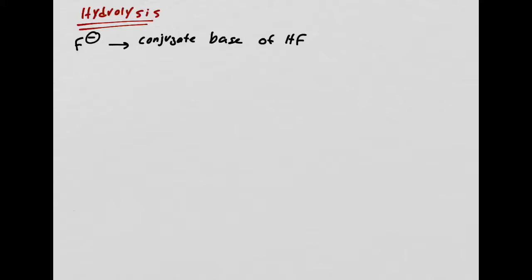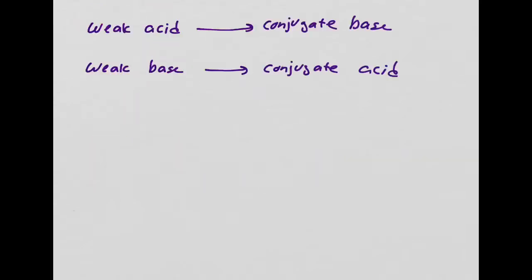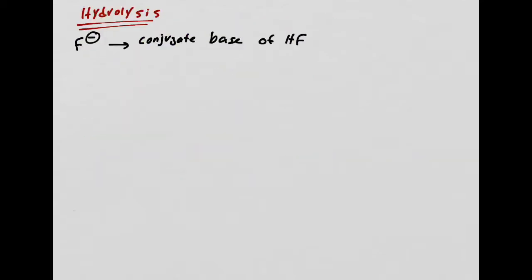You guys agree? So hydrofluoric acid, a weak acid, when it loses a hydrogen, F minus is left over. So F minus is a conjugate base of HF. And we said when you have a weak acid, the conjugate is a conjugate base. It's going to act like a base because now it has a minus charge. It has an extra electron. So far, so good?